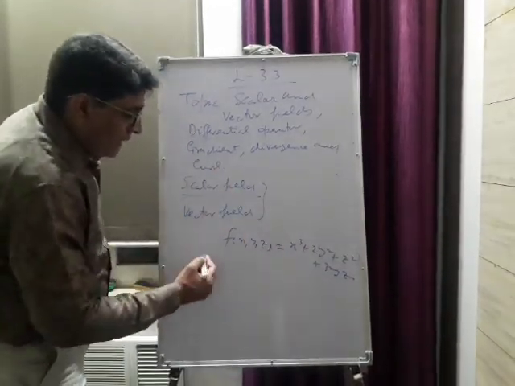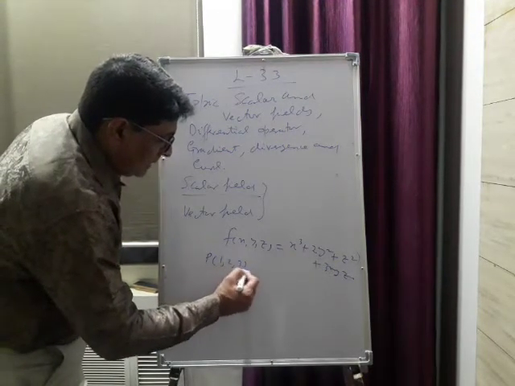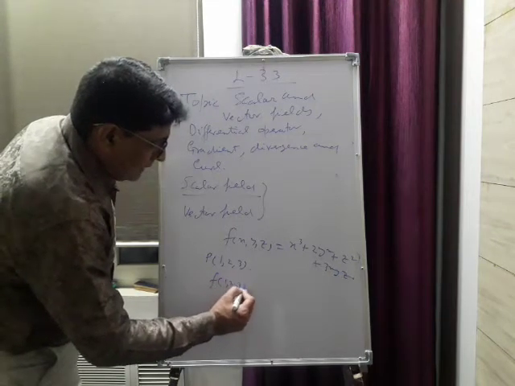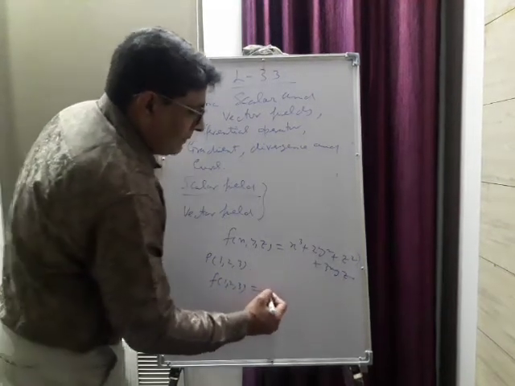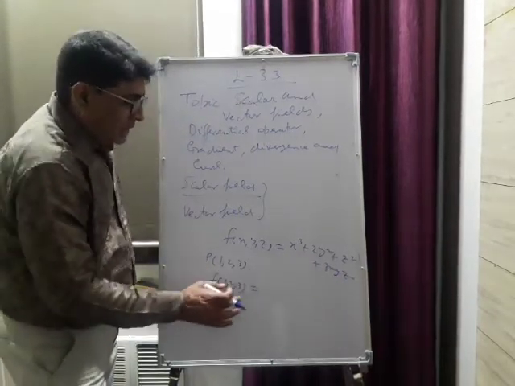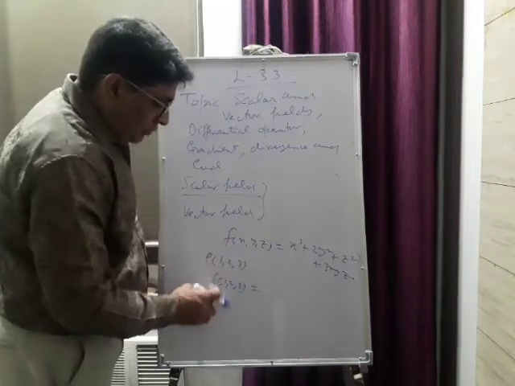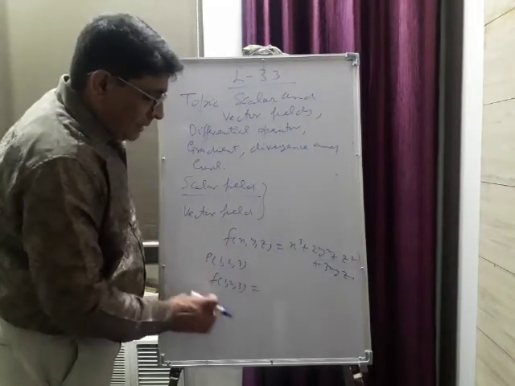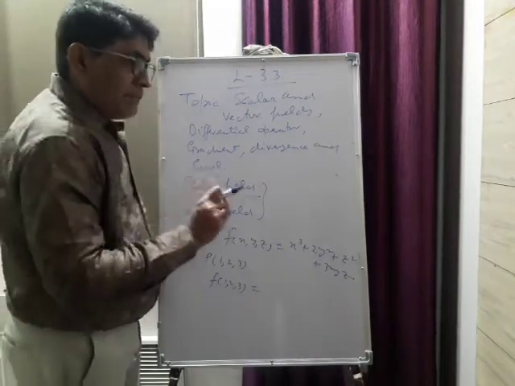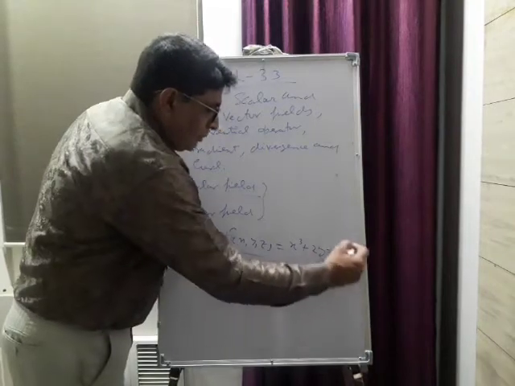If we have a point P whose coordinates are 1, 2, 3, then f(1,2,3) gives the magnitude of this scalar point function.